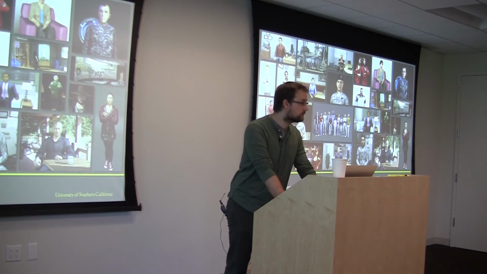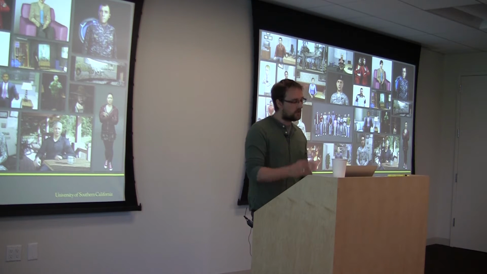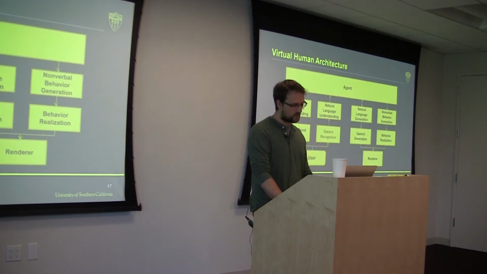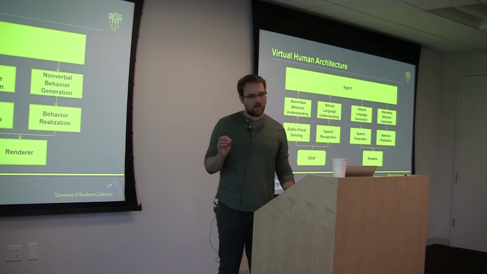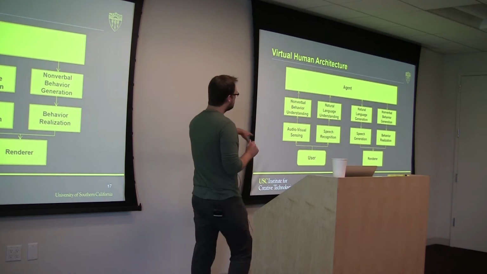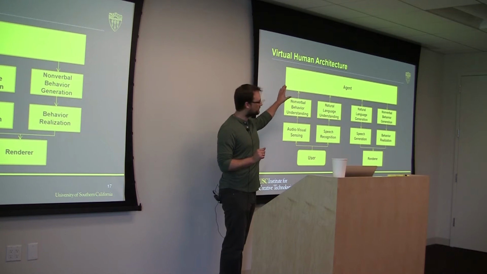We've created many virtual humans. I'll highlight a few later. But like I said, they range from military training systems to medical training systems to entertainment and a variety of different ones in between. Now this architecture, from a high-level point of view, has these capabilities. A human user is interacting with an agent, a digital character.